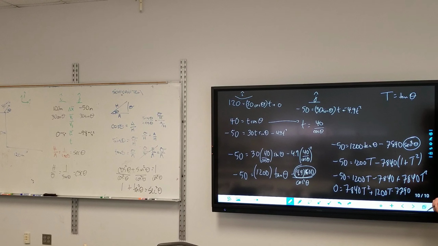They're big numbers. We could divide everything by something to make them smaller numbers if you want, but there it is. And so we're going to end up with 2 answers here. So the tangent of theta equals... Everybody work through the quadratic yet?